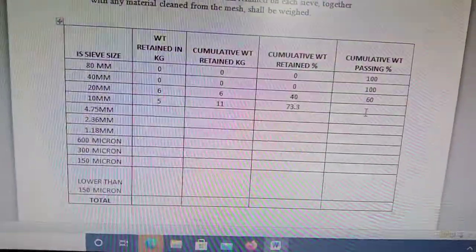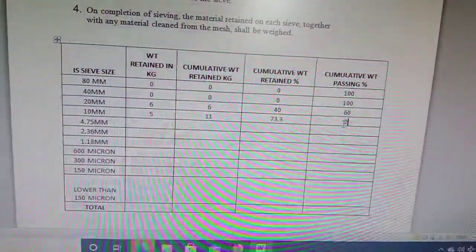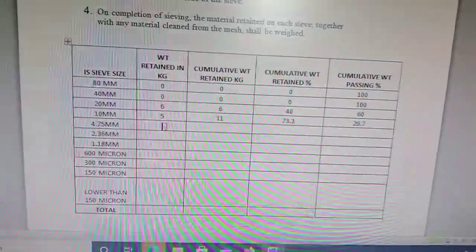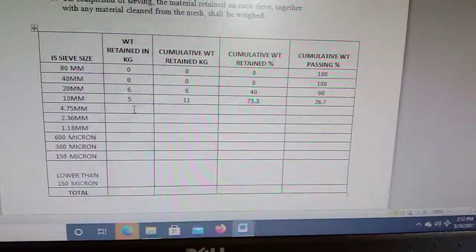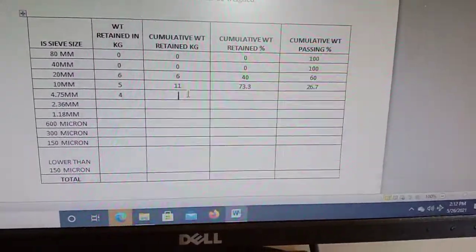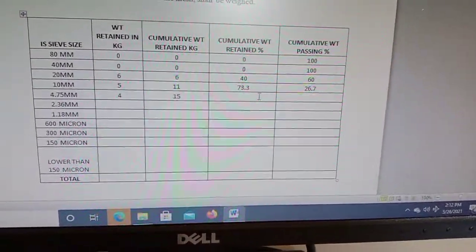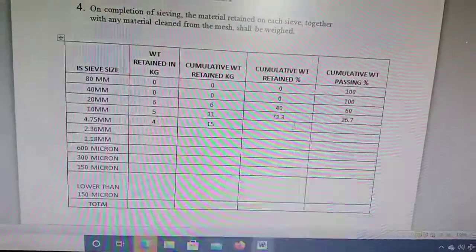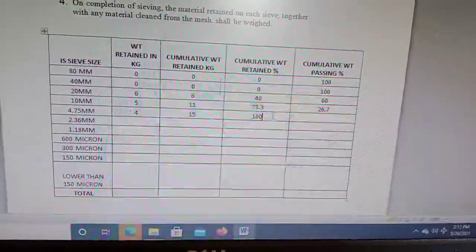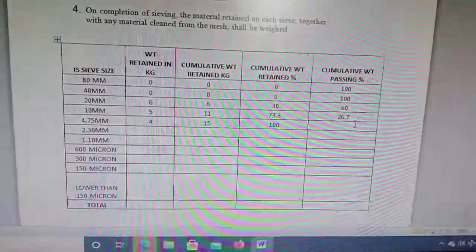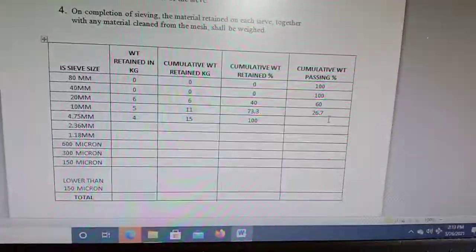And here the value will come 26.7. On 4.75 mm, 4 kg was retained, so cumulative will become now 15 kg. Here total will be 100, means 15 out of 15. Now here 0 should come.